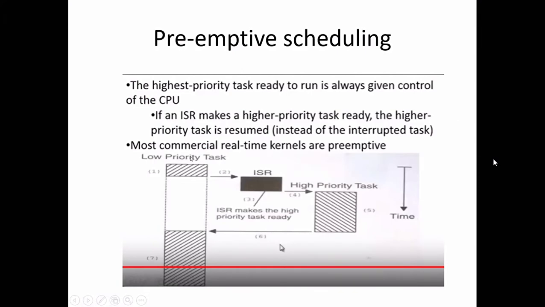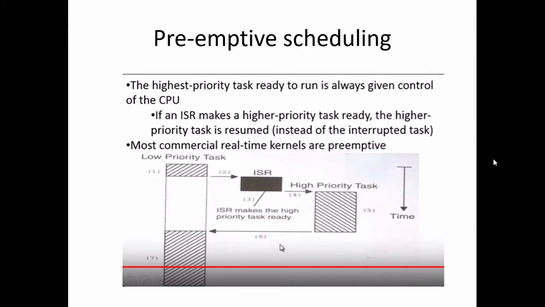See, a low priority task was running here. Now suddenly a high priority task interrupts. When it interrupts, it will ask the CPU.